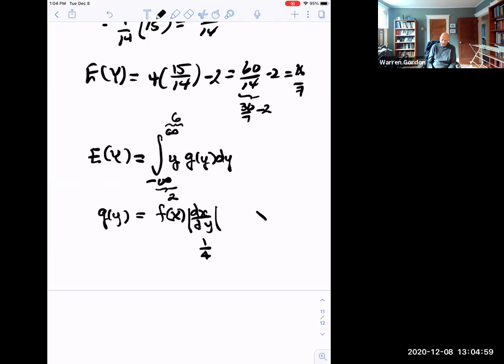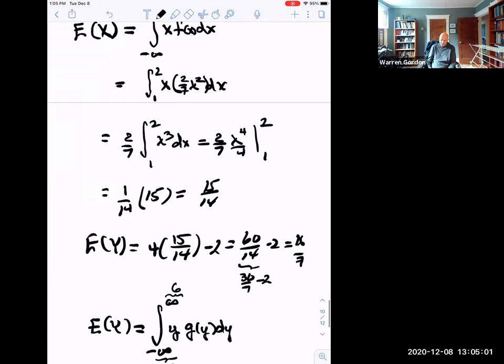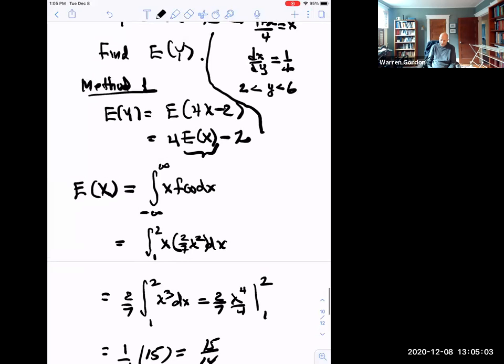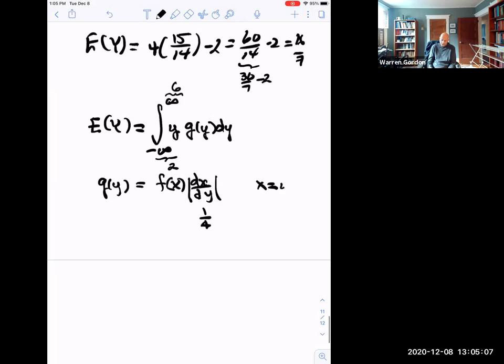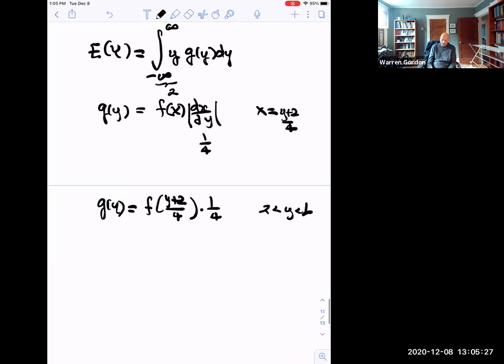And remember, x is equal to (y plus 2) over 4. So g of y becomes f of (y plus 2) over 4 times 1/4 over this interval from 2 to 6. Remember, f of x was equal to, what was it?